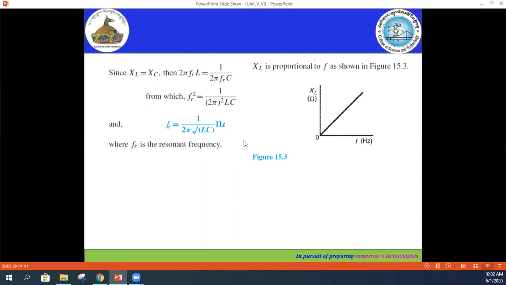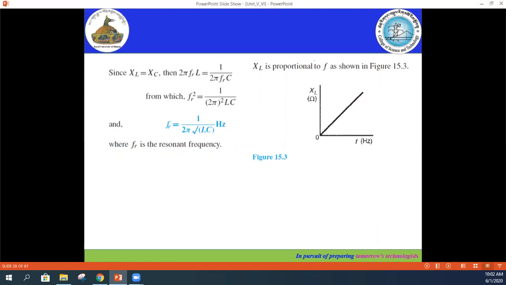Okay, now the meaning is here. XL is proportional to F as shown in this figure. If we draw the graph between XL and F, the value of XL will increase along with F. Just use again this formula: XL is equal to 2 pi F L, right?